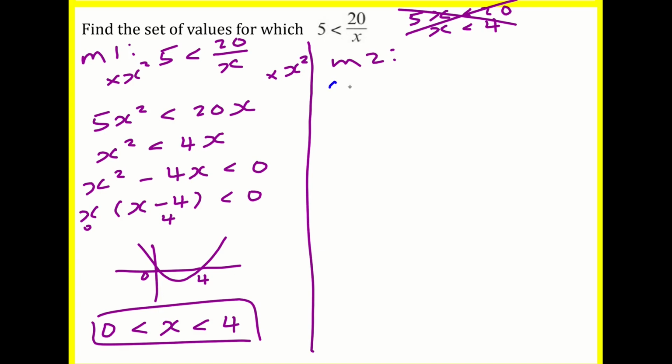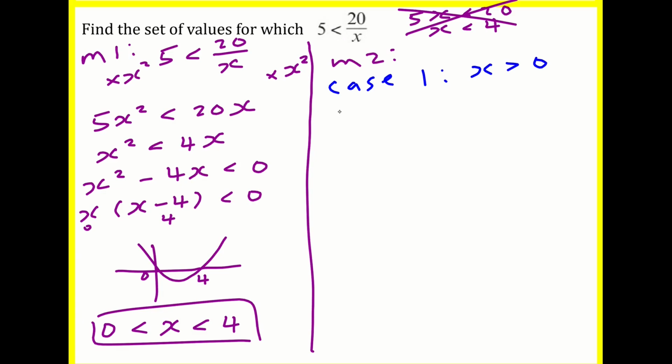It's going to be to split it into two cases. Case one is going to be that x is greater than 0. I've just said that I'm only going to consider positive x's. By the way, I can't get x equal to 0 because it would be not defined. So x is going to be greater than 0, or we're going to look at x less than 0.